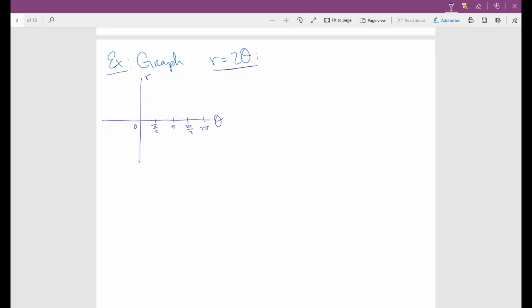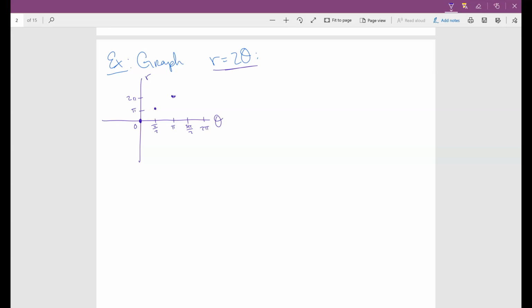First we're going to plug in 0 for theta. If we plug in 0, I'm just going to get 0, so the radius will be 0. If I plug in pi over 2, I'm going to end up getting pi. If I plug in pi, I'm going to get 2 pi.